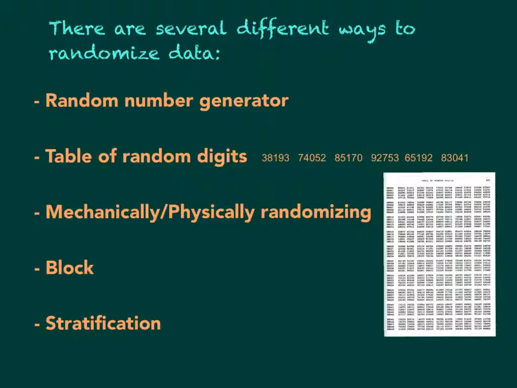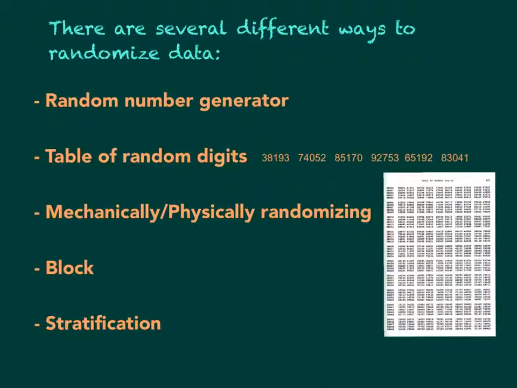So let's say 00 to 99 to represent a certain set of data. The next step is to write them down on equal-sized pieces of paper and place them in a hat. Subjects will randomly, without looking, draw from the hat and pick a piece of paper. This number assigned will directly correlate with the treatment being used or the experimental unit.